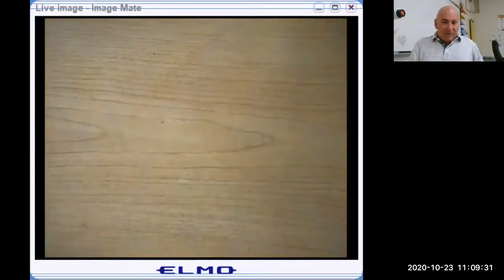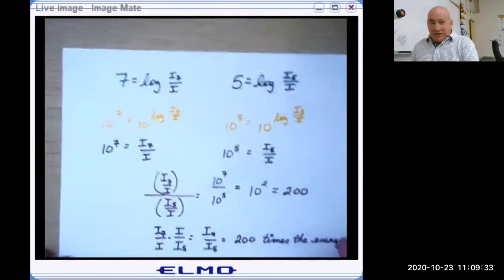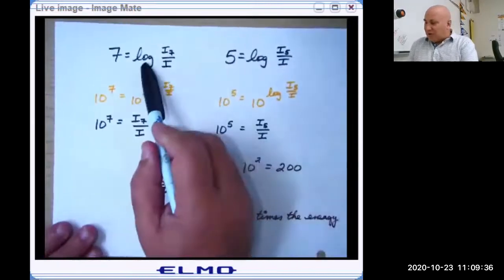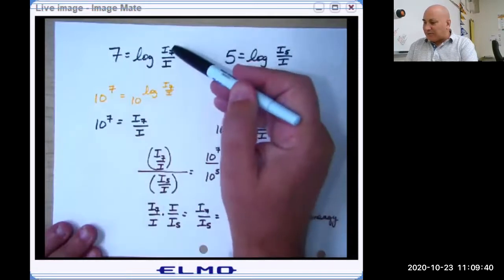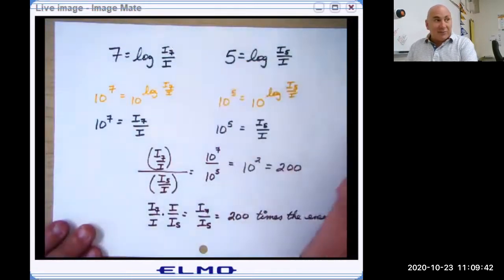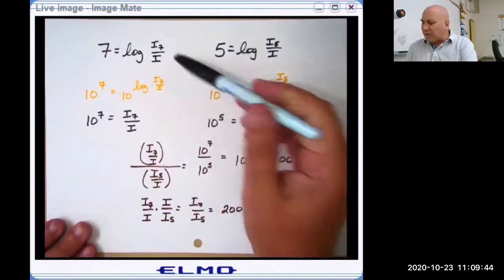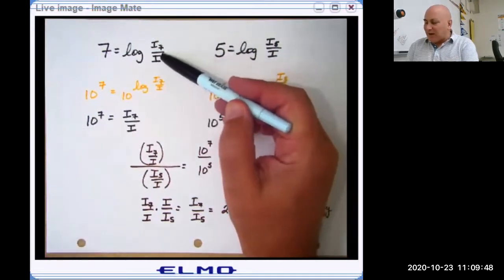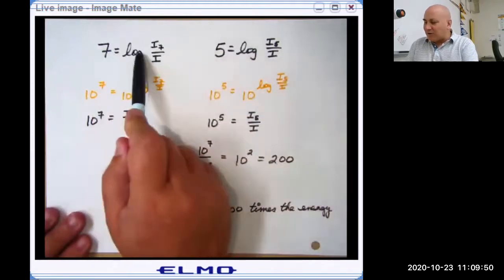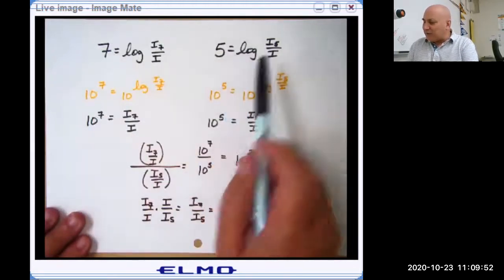So anyway, I know that for the magnitude 7 earthquake, the log of my intensity, however many whatever energy is, they measure energy of earthquake waves in, divided by I sub 0 has got to be 7. Same with the magnitude 5.